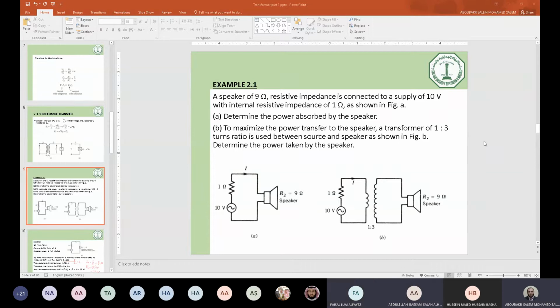No, we should find Z1. We should get the reflected impedance first. Is it right? Yes. How can we calculate the reflected impedance?